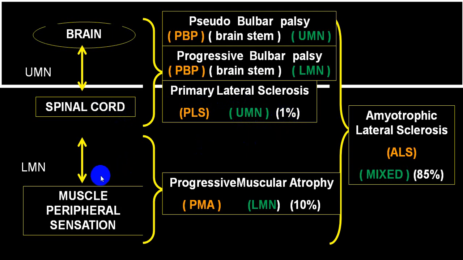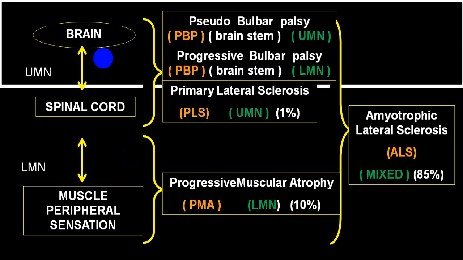You can also get a lower motor neuron variety of lesion in the spinal cord, which we call progressive muscular atrophy, PMA in short. Primary lateral sclerosis, labeled PLS, is the upper motor neuron variety, meaning involvement of the corticospinal tracts, while in progressive muscular atrophy it is the involvement of the anterior spinal horn nucleus.